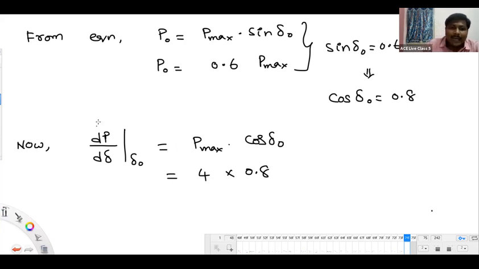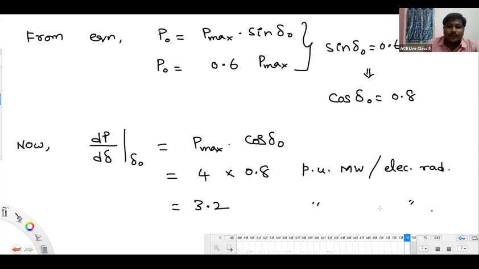Units will be megawatt by radian, per unit megawatt by electrical radian. How much is this number? It will be 3.2 in the respective units. So we should give our answer in the blank as 3.2.